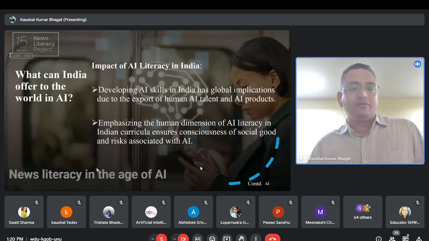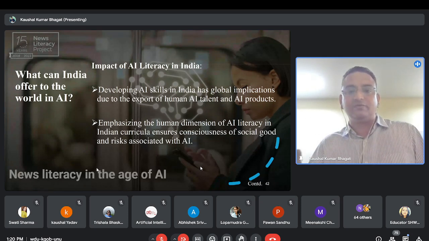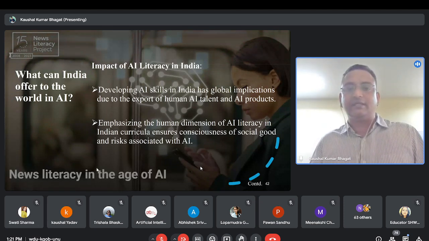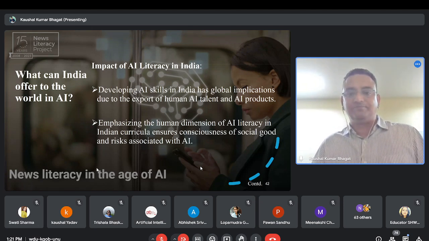What can India offer to the world using AI? So we have skill sets provided. A lot of artificial intelligence literacy is included even in the school curriculum. In National Education Policy 2020, it is already mentioned that artificial intelligence will be a key component in our school system and in our university system.